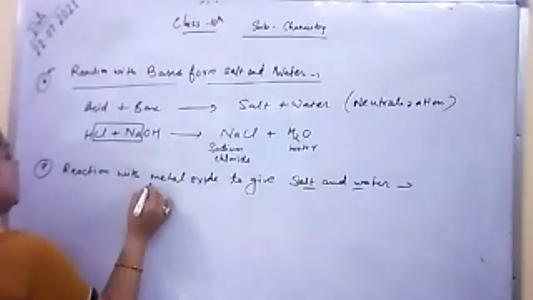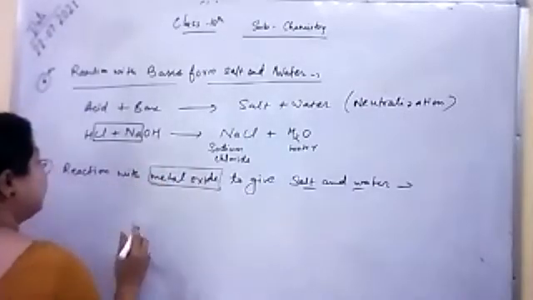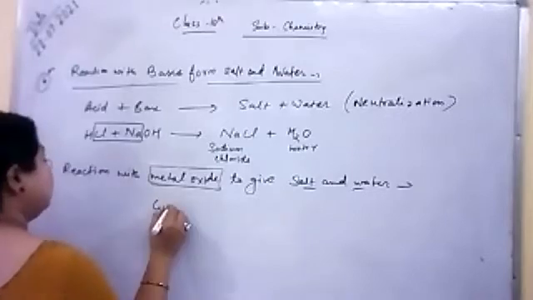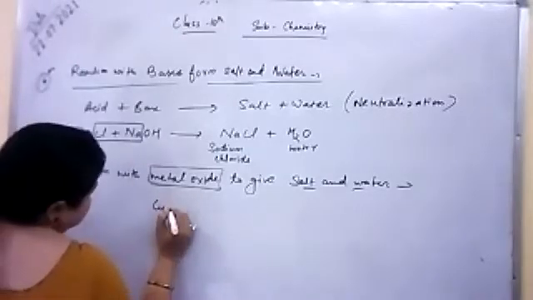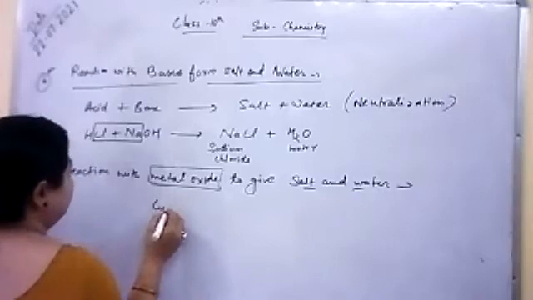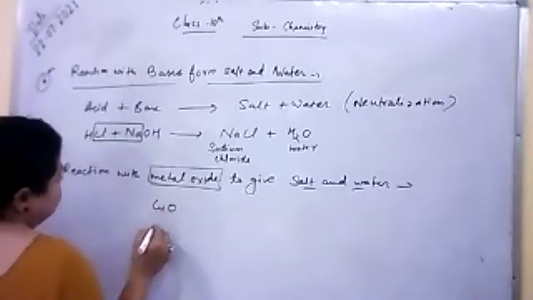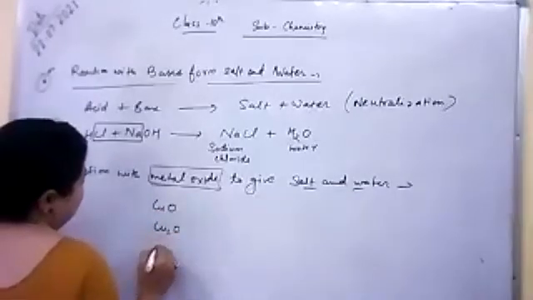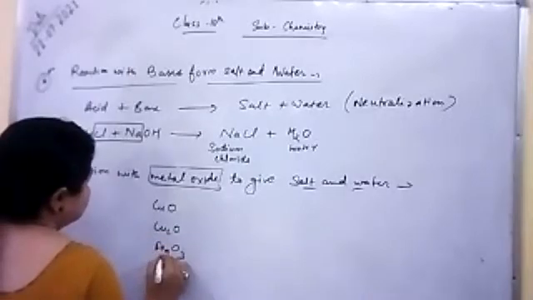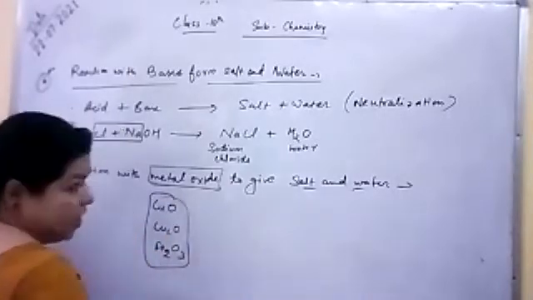So what are the metal oxides? Metal oxides are like if any metal is present with oxygen, that is called metal oxide, like CuO, Cu2O, Fe2O3. These all are the metal oxides.